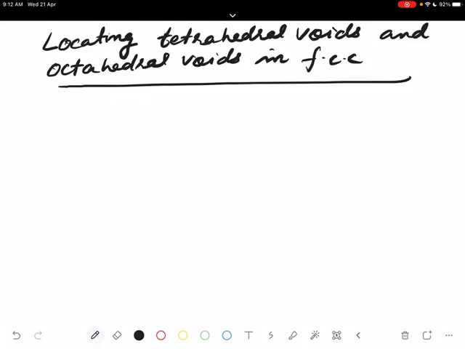In an FCC, you have to locate the position, locating tetrahedral voids. Then afterwards, we'll be finding the octahedral voids in FCC. So an FCC unit cell, what is an FCC unit cell?